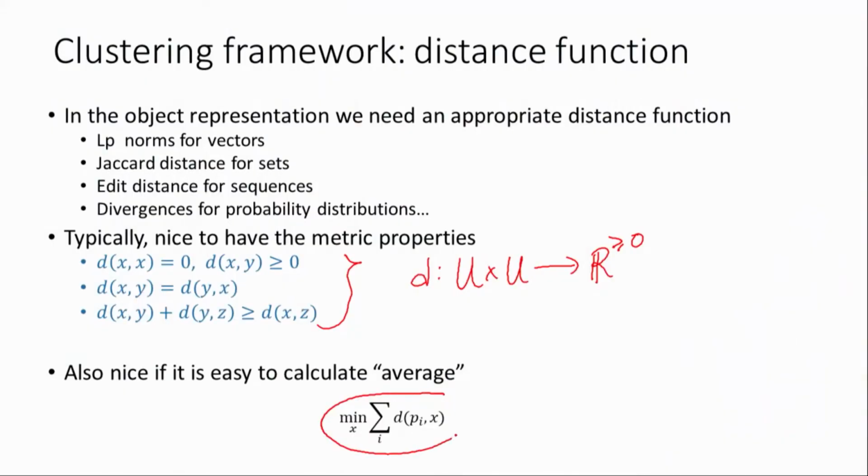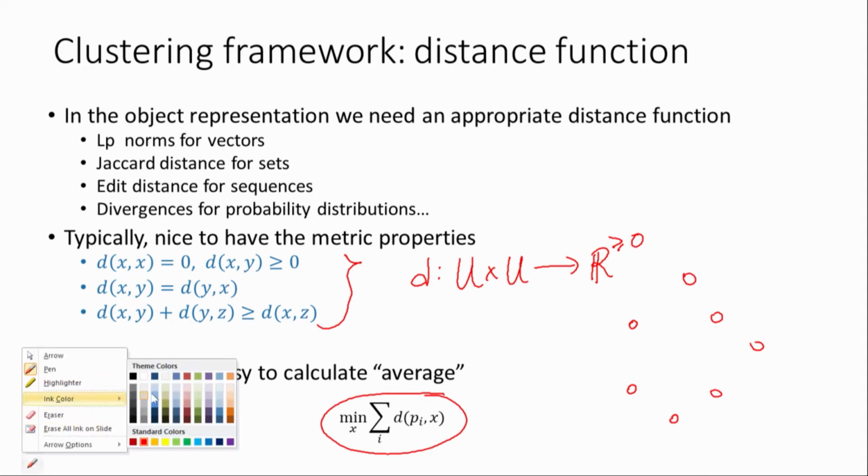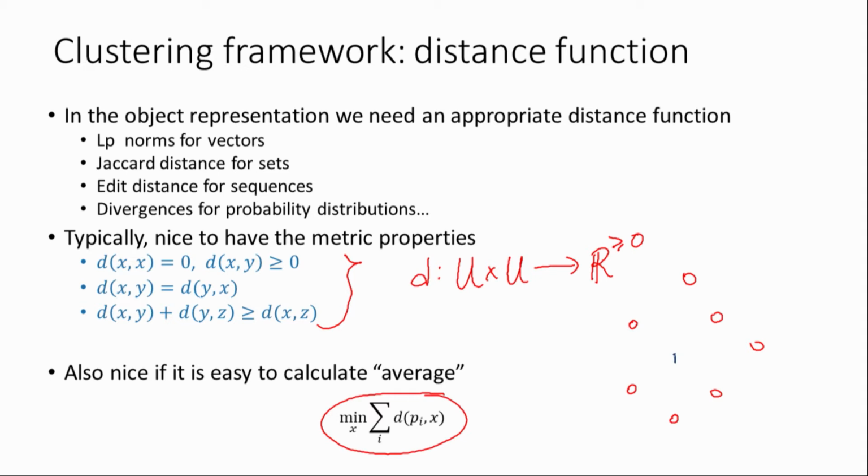Furthermore, and this is something you might not find in any general textbook, but I like to call it something that is actually useful in clustering: given a set of points, imagine these red things are the points, I should be able to find one point, some object, some representation, such that the sum of these distances is minimized.